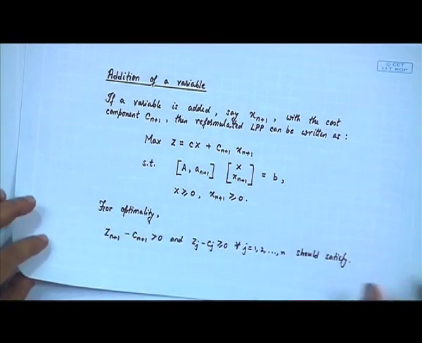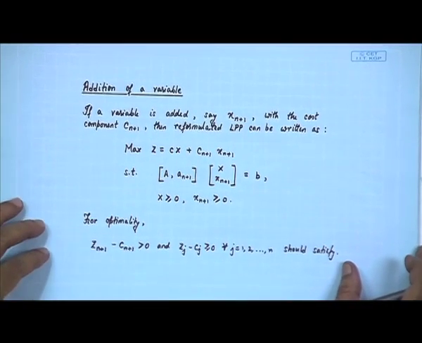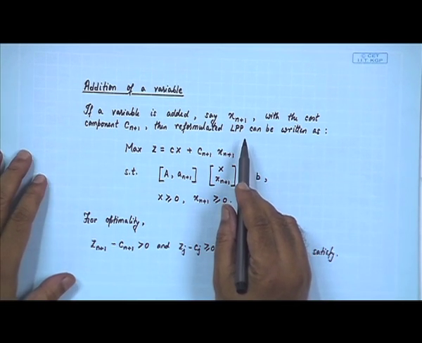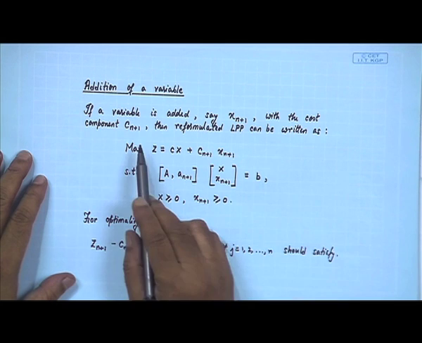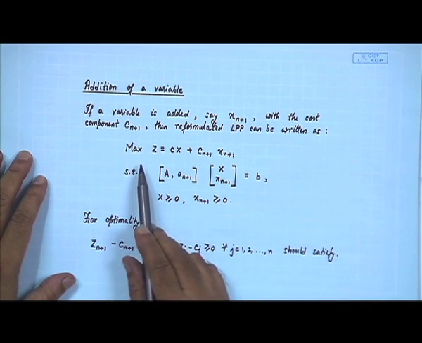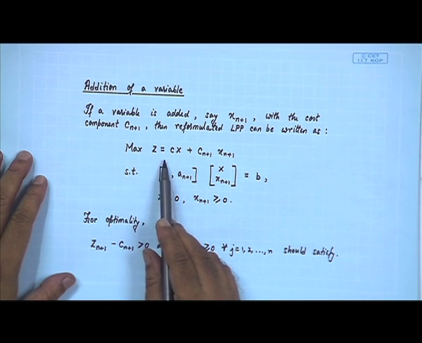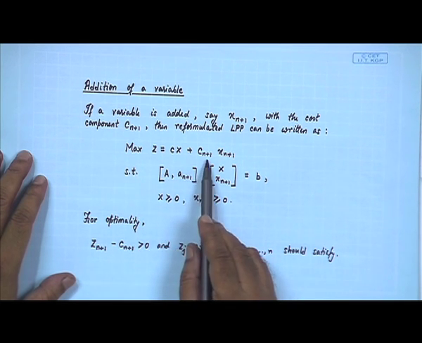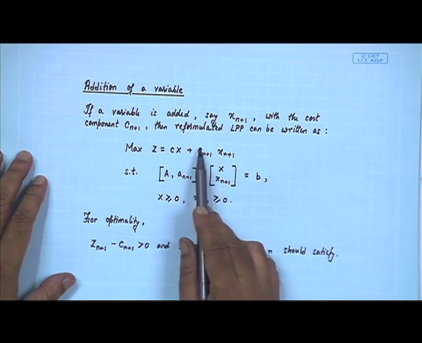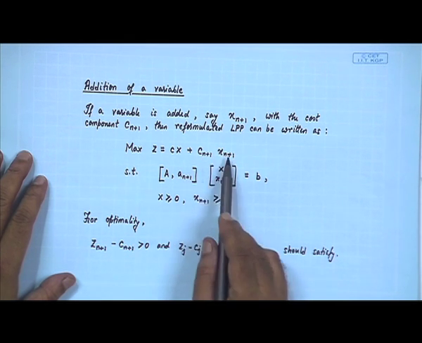Now, we will go to the other one, that is addition of a variable. Suppose a variable is added, say x_{n+1} with the cost component c_{n+1}. Then the reformulated LPP can be written as maximize z equals Cx plus c_{n+1} into x_{n+1}.